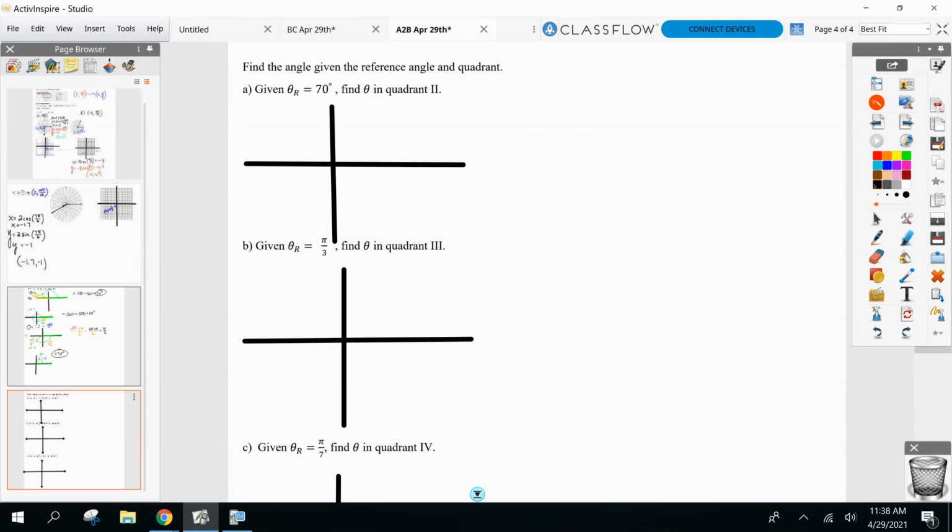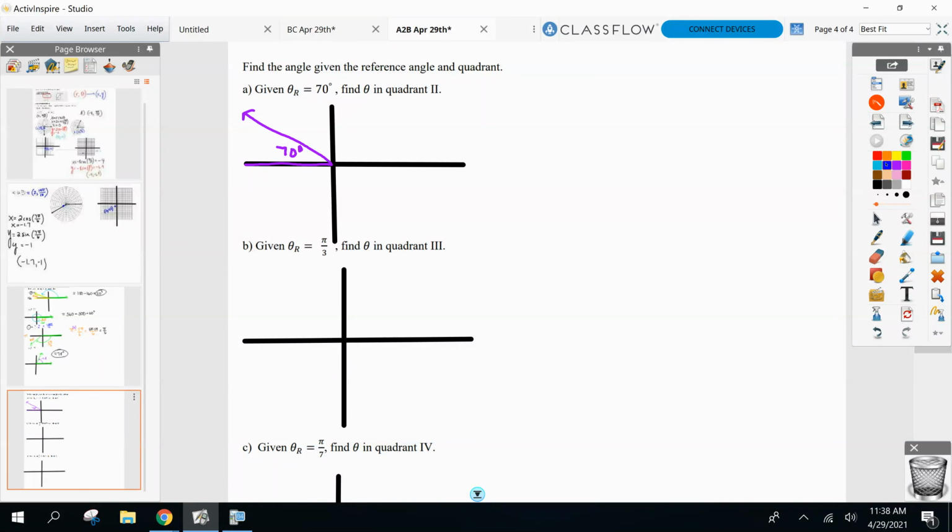So I have a reference angle of 70 degrees in quadrant 2, everybody. Draw an angle that's formed by the x-axis and the terminal side in quadrant 2. There it is. There's your reference angle, 70. Everyone good? X-axis and a terminal side.